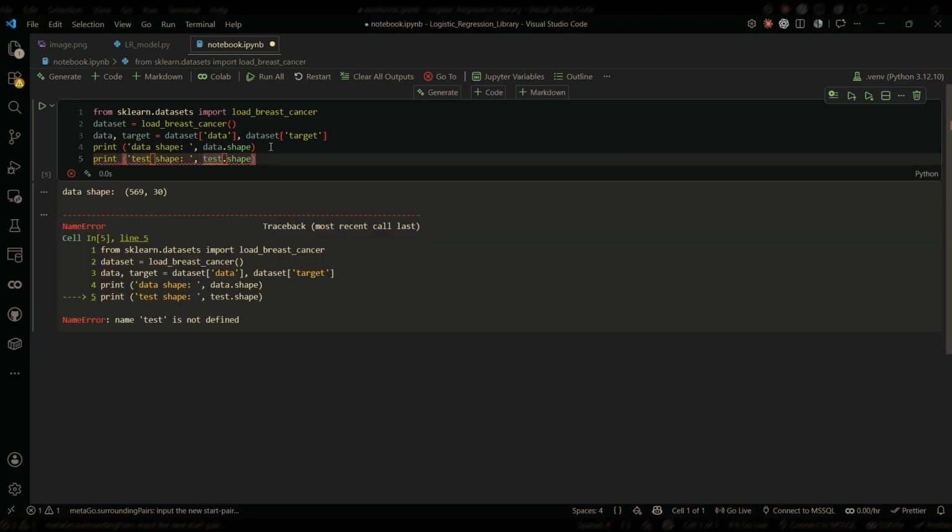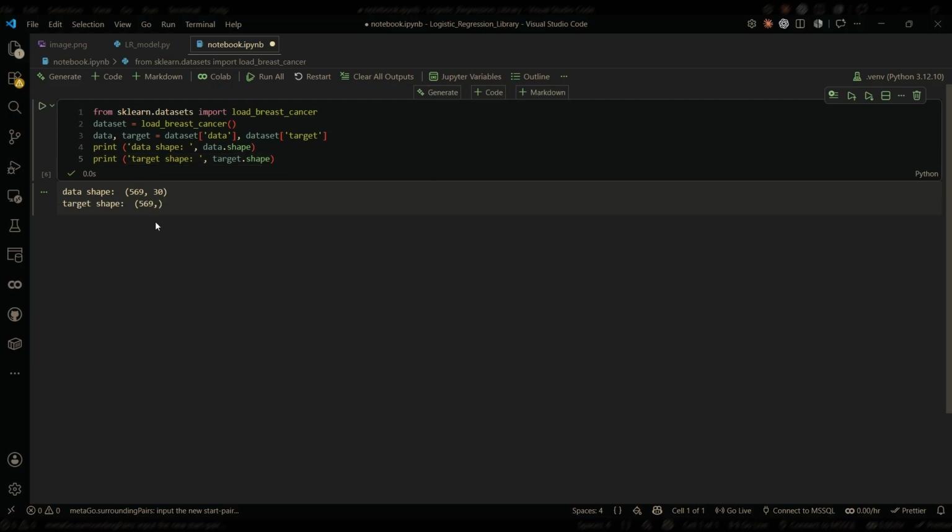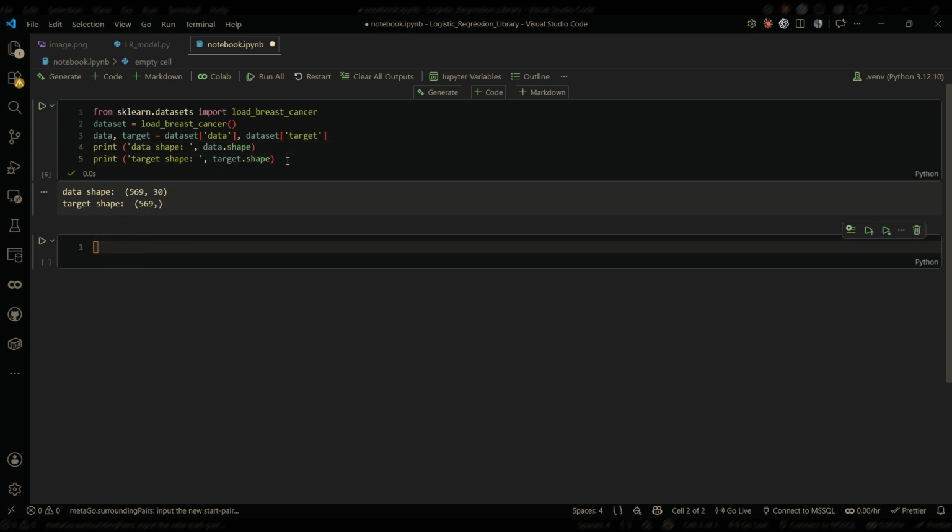What's wrong? Oh, it's target. 569 instances with 30 features. Kind of interesting. This is a lot for just a small dataset like that.